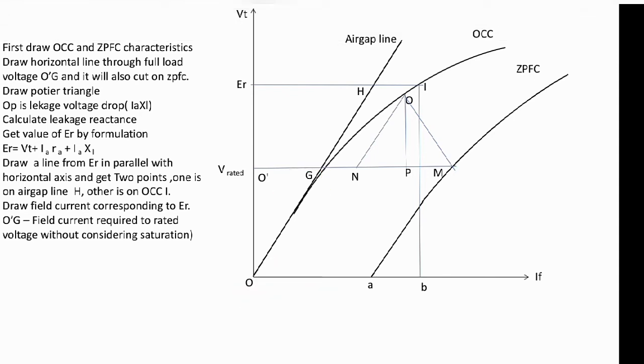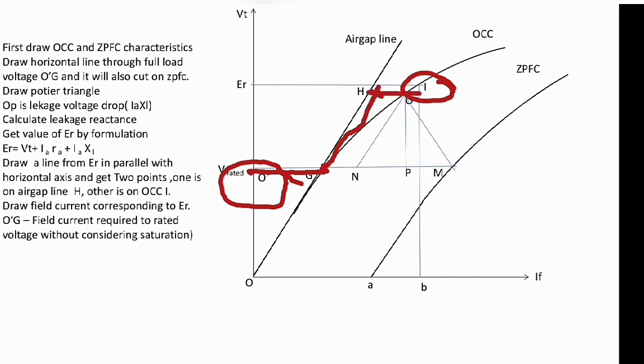We reach O dash I when we compensate O dash G through field current, then G to H through field current, then H to I through field current. In this way we get O dash I.